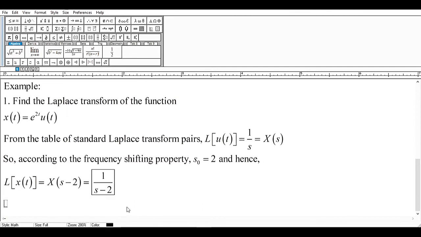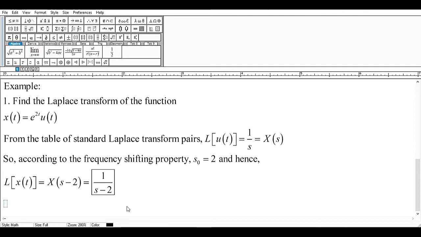So that is how, without performing any complex integration, simply by the application of the frequency shifting property, the Laplace transform of this type of function can be obtained.